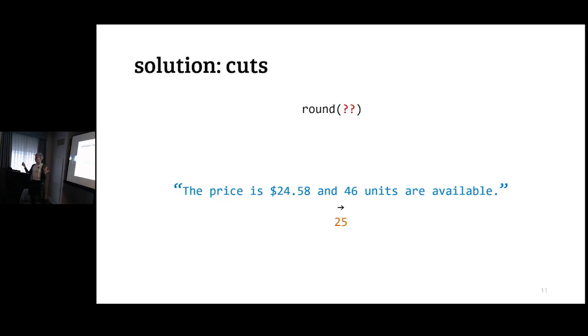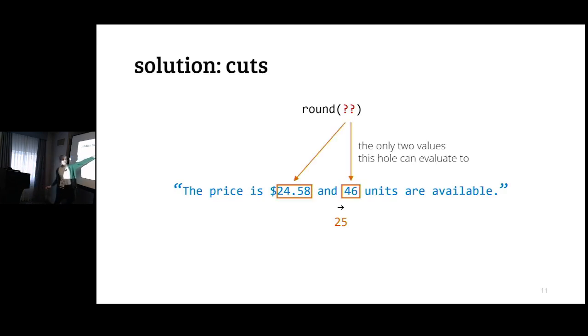Maybe we want to round something, right? So what the cut is going to allow you to do is say, well, the only two values that are relevant for this hole that can go in here are this 24.58 and this 46, because the cut kind of knows that you need a number to go in there, and these are the only numbers that appear in the input, something like that.